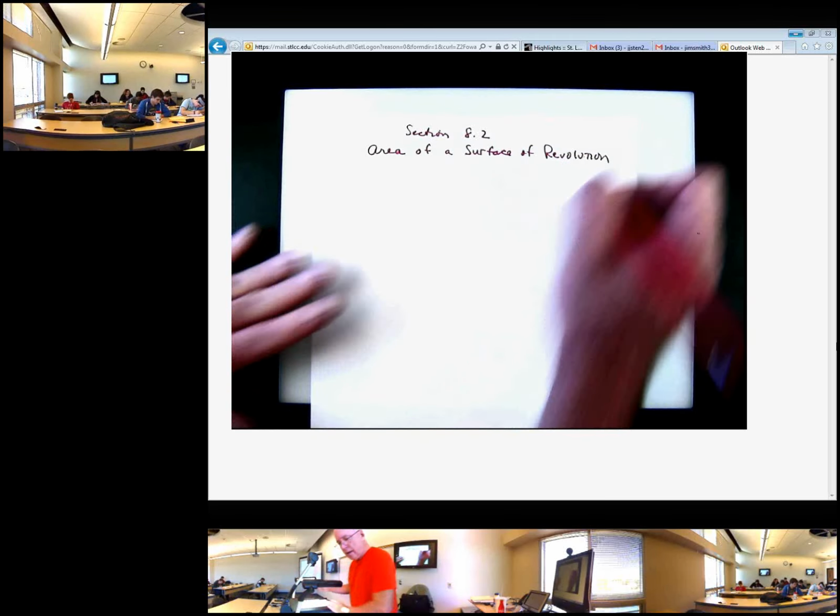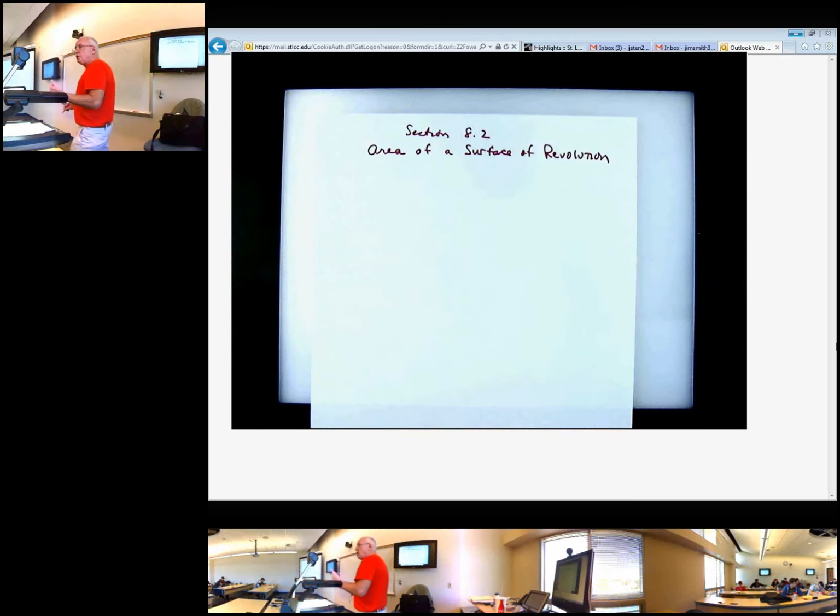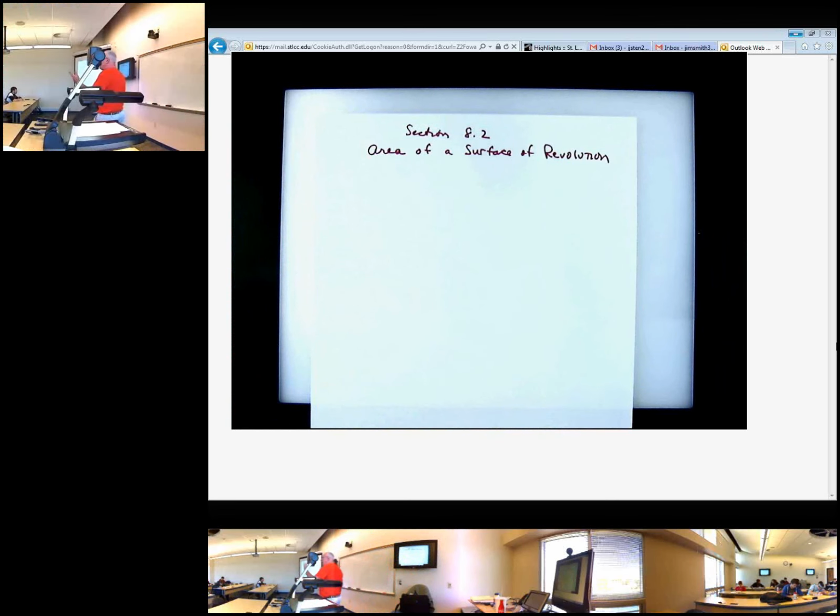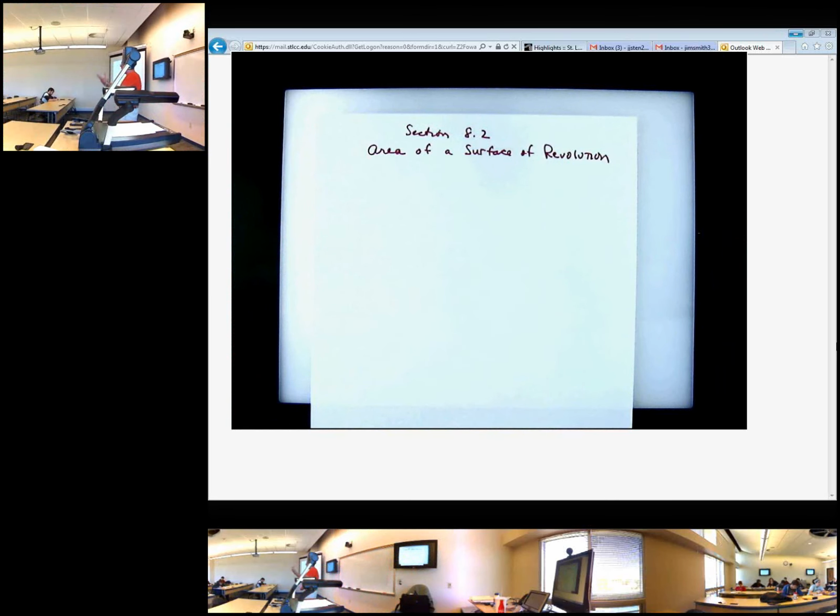Okay. And from Calc 1, you did things with volumes where you were rotating something around and you got a solid of some kind, and you either used, what was it, the disk method or the cylindrical shell method, right, for calculating the volumes? Do we remember the disk method and the cylindrical shells?